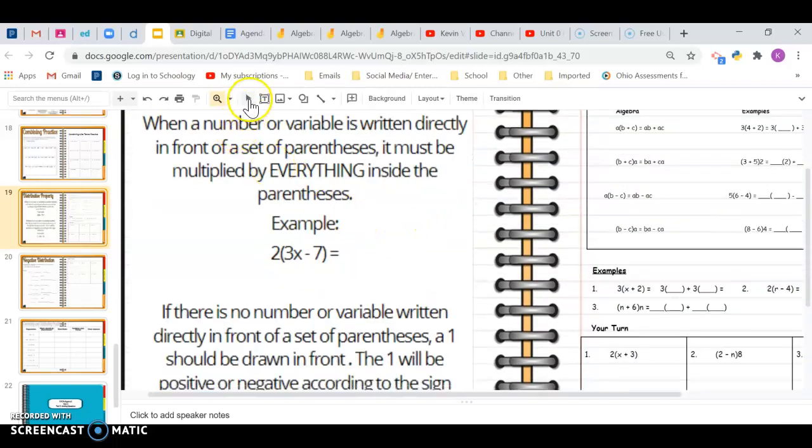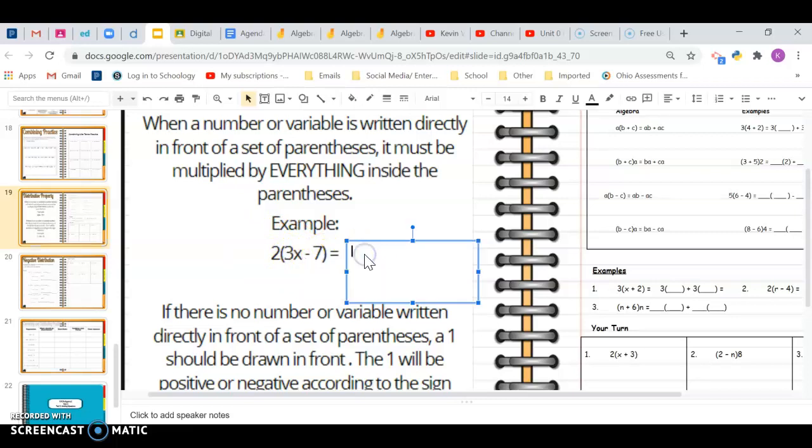So, when a number or variables is written directly in front of a set of parentheses, it must be multiplied by everything inside of the parentheses. So, in our example, we got 2 on the outside, and in the parentheses, we have 3x minus 7. So, when we're doing the distributive property, what is happening is we have 2 being multiplied by everything inside of there.